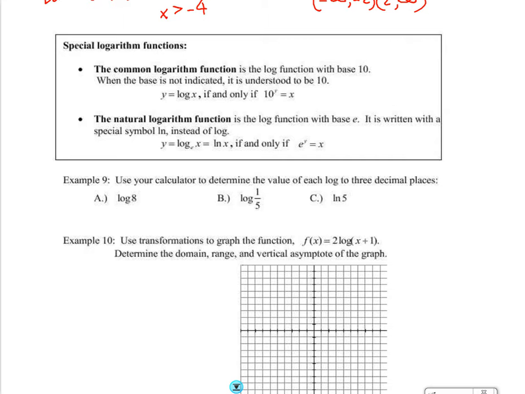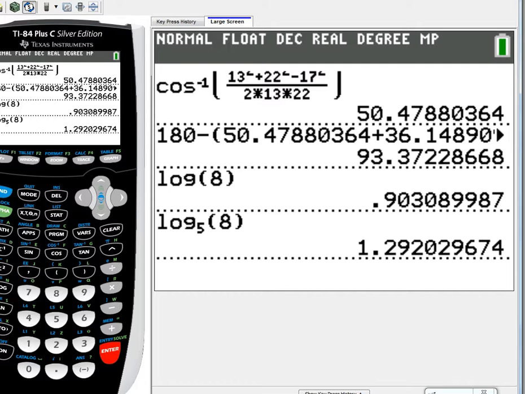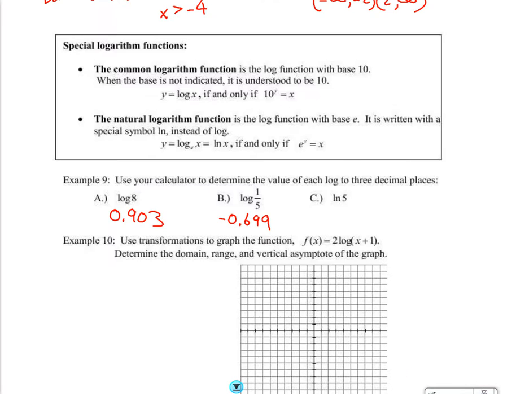Negative 0.699. And natural log, just to make sure we understand, natural log is right below log. Natural log of 5. You don't have to include that ending parenthesis if you don't want to, but just be careful. 1.609.